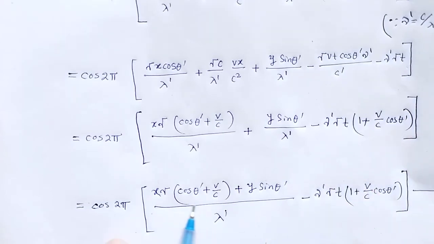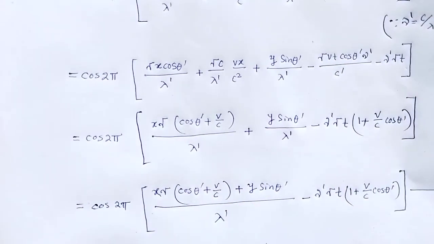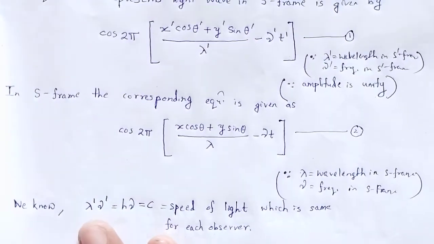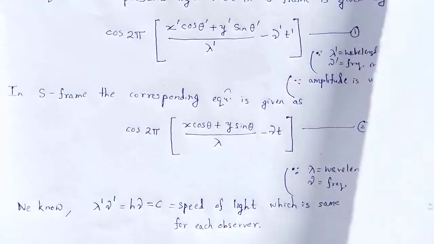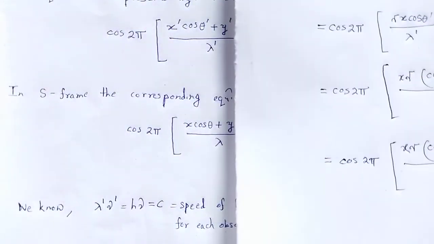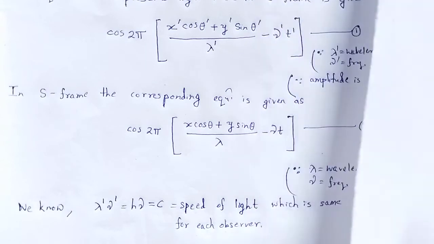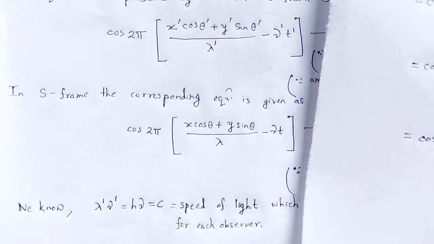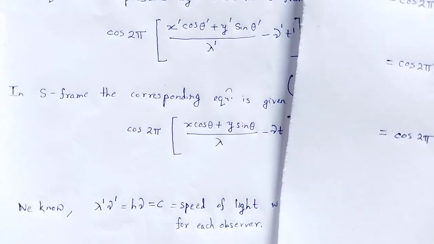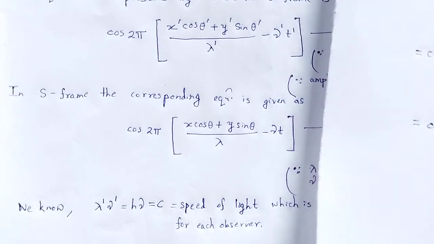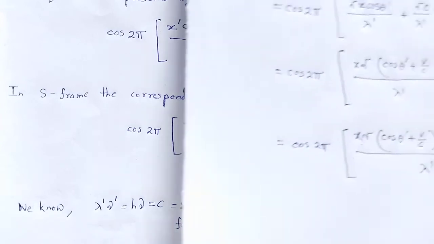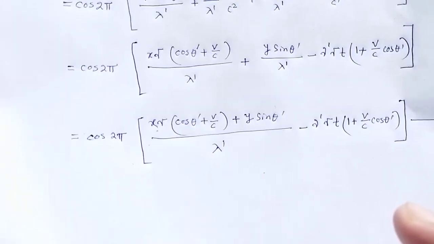Why do we solve like this? Look here, from equation number 2 and from equation number 3, these two equations are very similar. Cos 2 pi, this is the term like x cos theta plus y sin theta by lambda minus nu t. These two terms are very similar to each other.